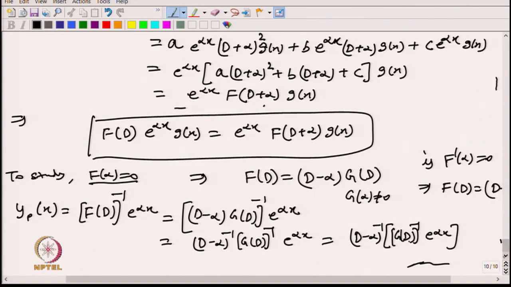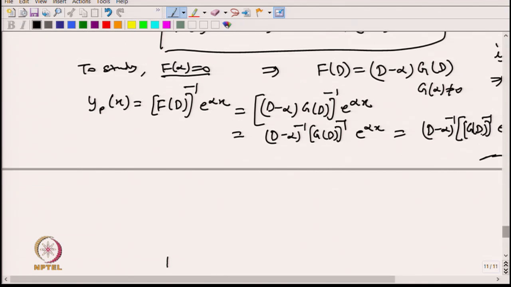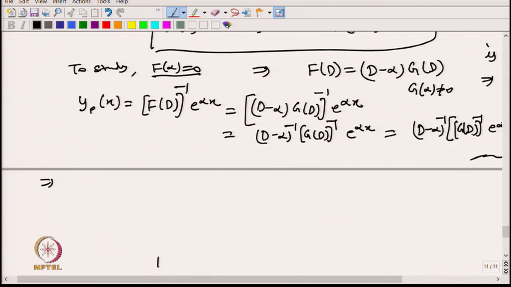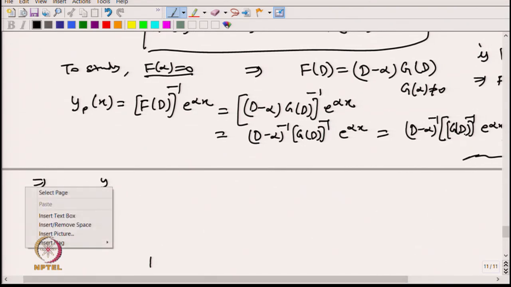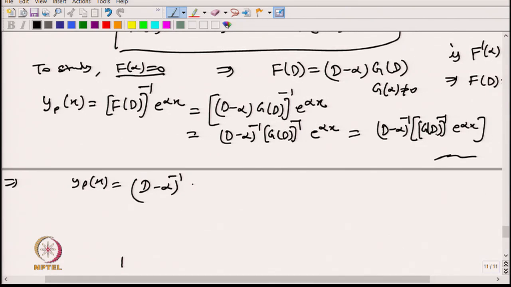So, by the previous case I know that I can write y_p(x) is equal to (D minus alpha) inverse, and then from the previous one this can be written as g of alpha e raised to power alpha x.